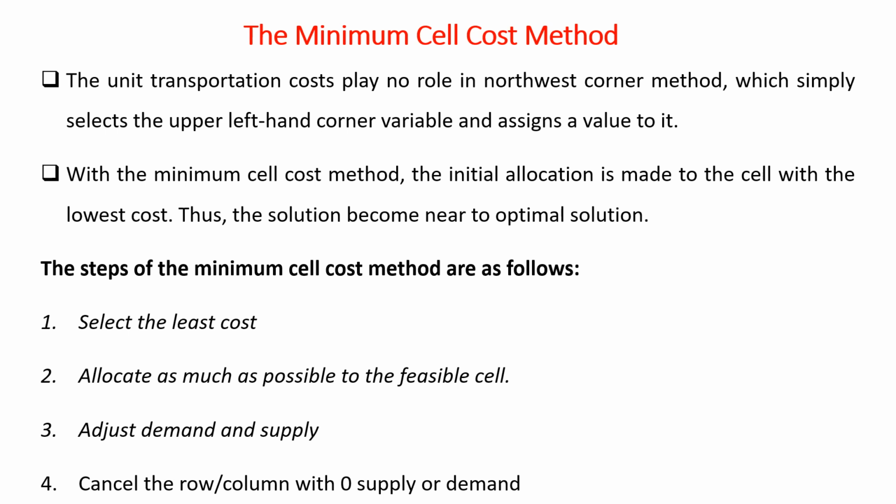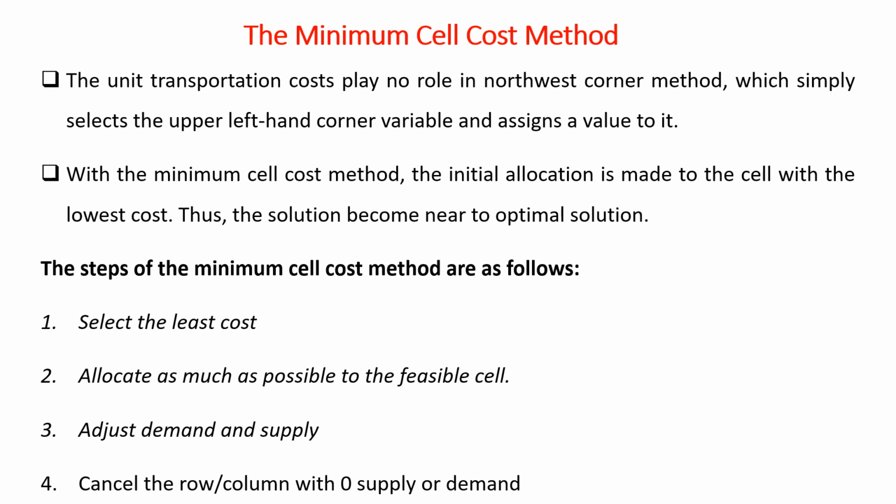But with the minimum cell cost method, the initial allocation is made to the cell with the lowest cost. Thus the solution becomes nearer to the optimal solution than the northwest corner method.